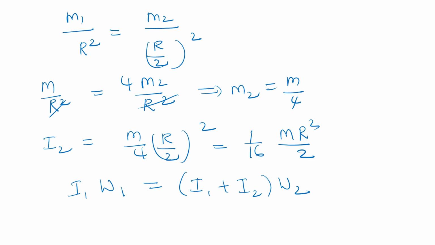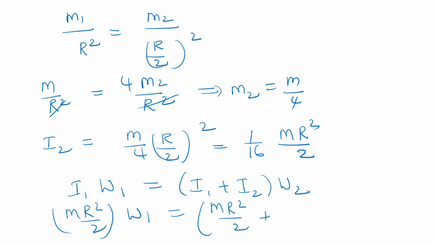So I1, nothing but m r square by 2, into omega 1 is equal to I1, m r square by 2, plus I2, 1 by 16 of m r square by 2, into omega 2.